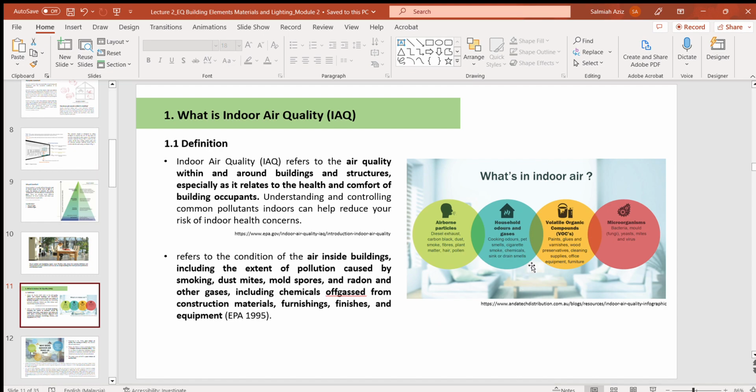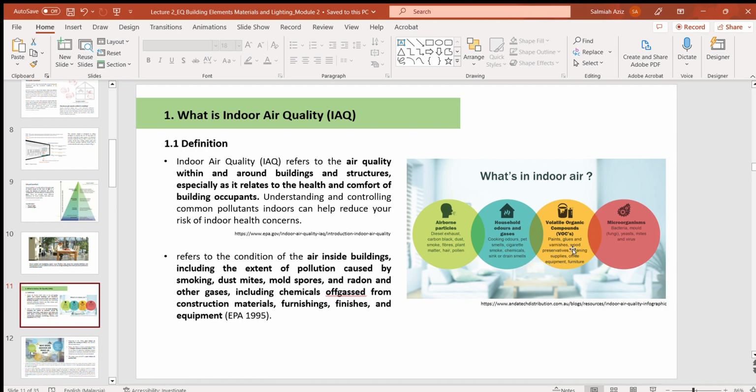Okay, what is indoor air quality all about? It includes airborne particles, household odors and gases, volatile organic compounds, and also microorganisms. Under airborne particles, there are diesel exhaust, carbon black, dust, smoke, fibrous plant matter, hair, and also pollen. Household odors are cooking odors, bad smells, cigarette smoke, chemicals, sink or drain smells.